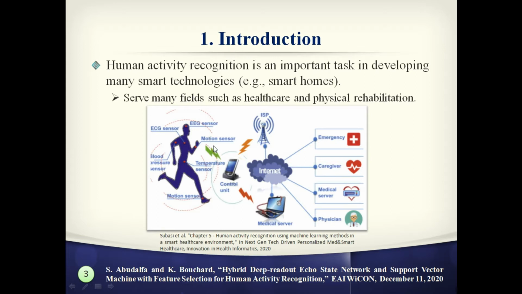Then the data is transferred through wireless networks to healthcare systems. These systems may also be connected to the internet to support some Internet of Things services. This means that any improvement in this area will have an important impact on a large range of domains.